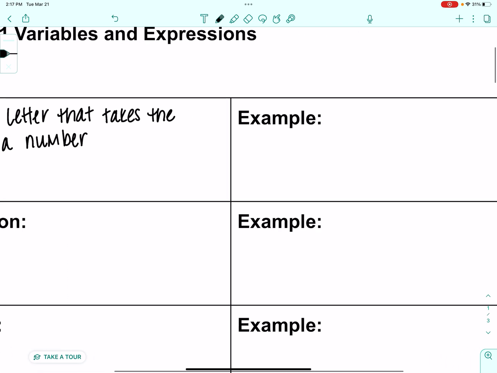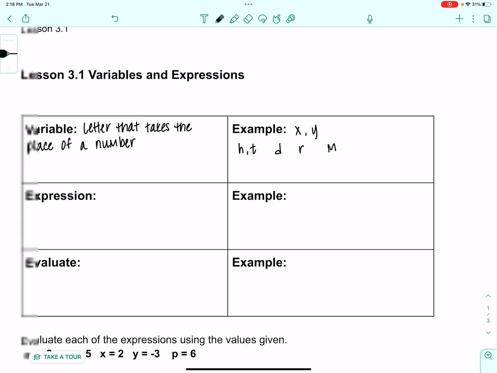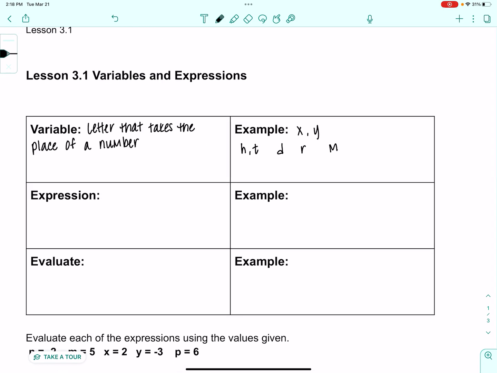Typically, you're used to seeing X and Y, but when you move beyond basic algebra, you start to see things like H and T that typically get used for height and time. Sometimes we use D to represent distance, R to represent rate. You may be familiar with using a little m to represent slope. So a variable is any letter that takes the place of a number.